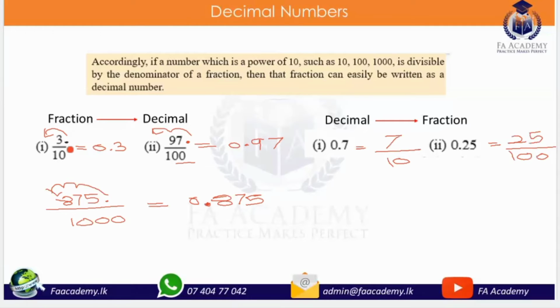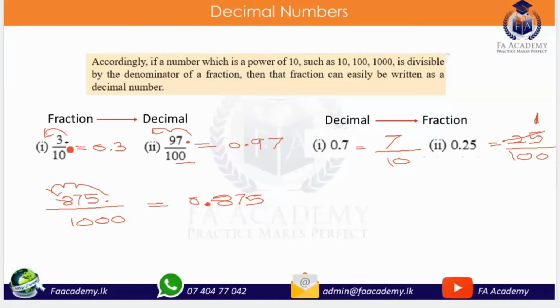Okay, so after writing this down as a fraction, you need to check whether you can simplify it. That will be the right fraction. So 7 divided by 10, we cannot simplify further because we don't have any common factors to cancel. But here 25 divided by 100 you can simplify some more, because you have to see how many 25s are there within 25.